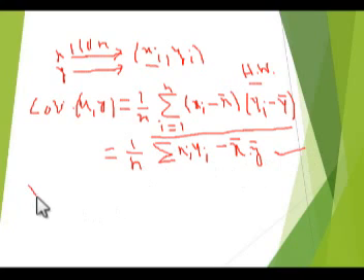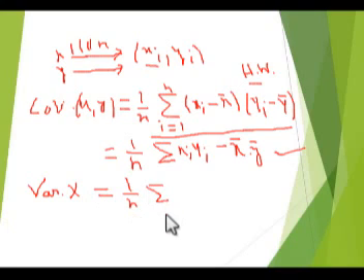And the variance of x will be 1 by n summation of i of xi minus mean of x, whole square.